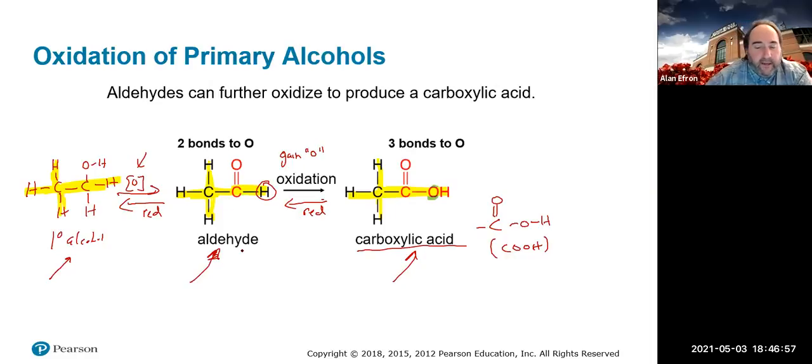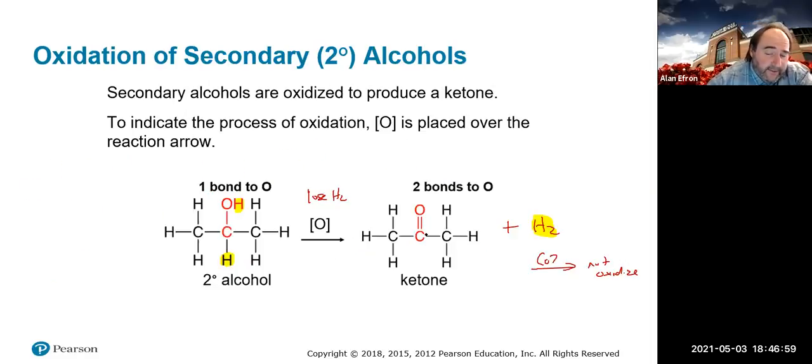But once we go from a secondary alcohol to a ketone, it's lacking that hydrogen that's necessary to do that next oxidation. So that's a major difference between an aldehyde and a ketone. An aldehyde will continue to oxidize to a carboxylic acid, but a ketone will not. Any questions on that?